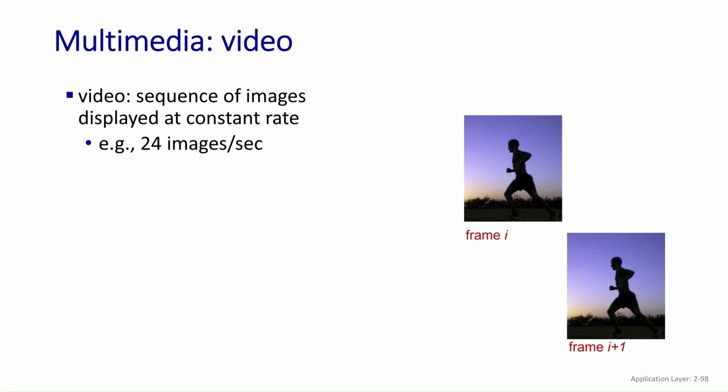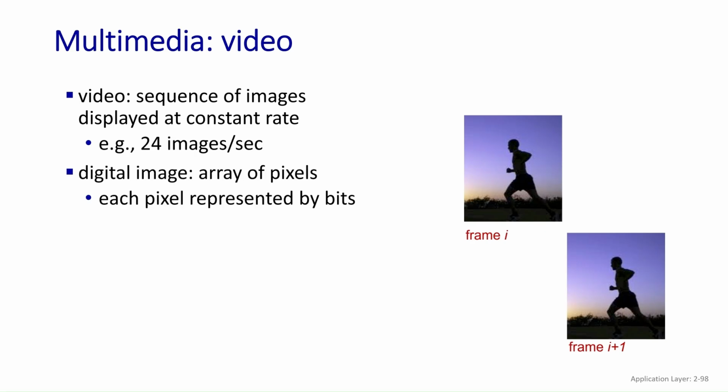Okay. Whereas a digital frame or an image in this case can be understood as an array of pixels. Each pixel is represented by bits, maybe by using some fixed bits in a constant bit rate, or maybe using a variable bit rate, VBR.